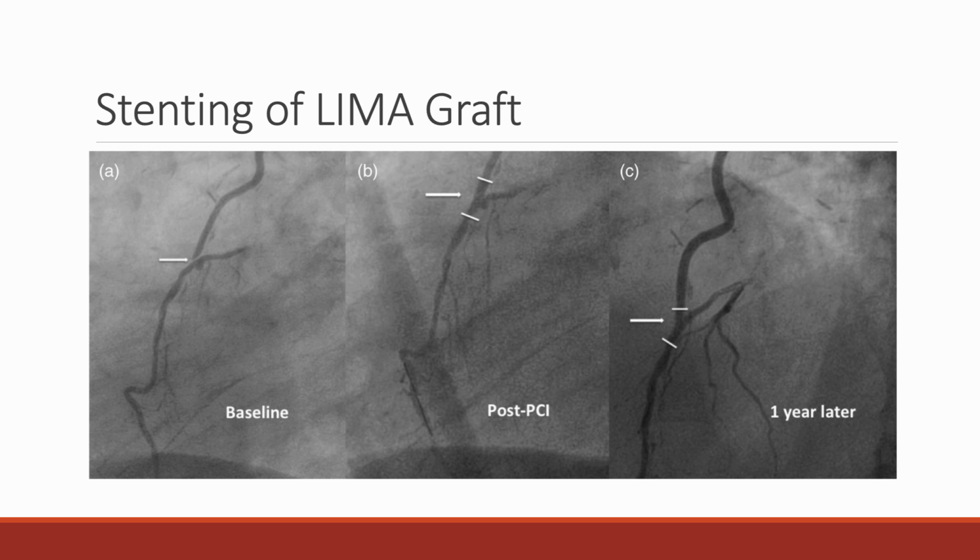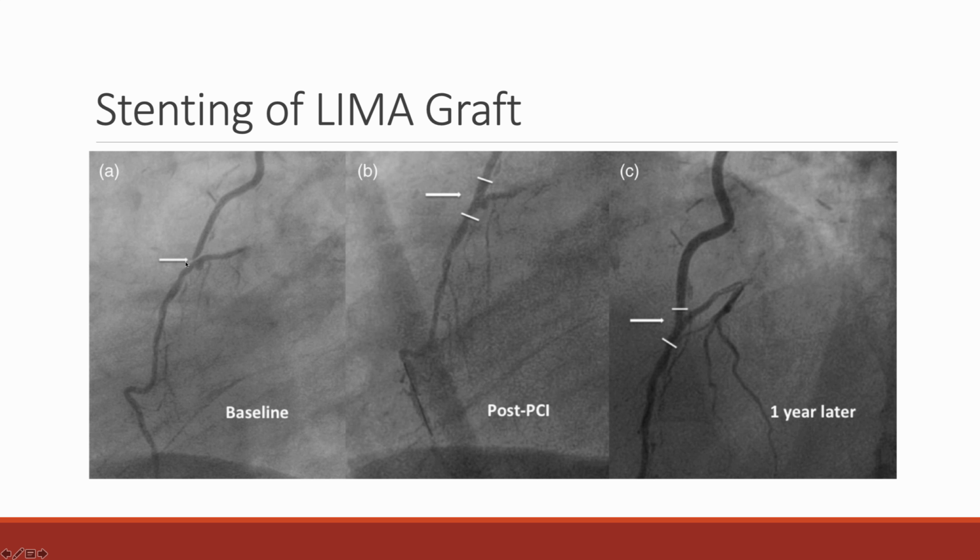And then finally, when people have bypass surgery, sometimes those bypass grafts don't go well, right? And sometimes they have problems. So in this case, we can see that there's a LIMA graft, and this left internal mammary artery graft comes from the chest wall, and it's taken down during bypass surgery, and then it's put here onto the LAD. It's grafted onto the LAD. But here there was a technical problem at surgery, and you can see that there's a narrowing here of the LIMA graft at the touchdown site.